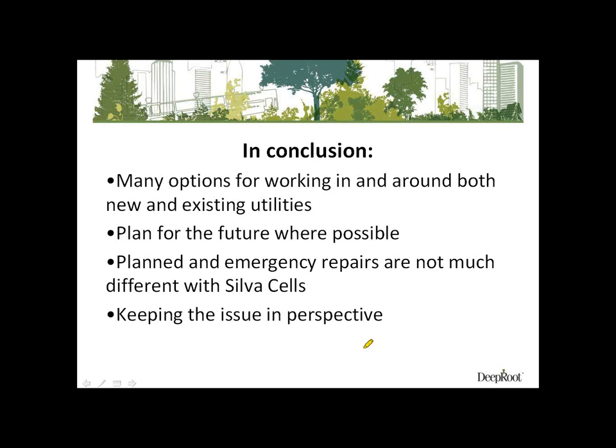Another detail that some of the contractors use when they're using the larger rock is they will bring a load of mason sand, washed concrete sand, or buckshot, real small pea rock, and spread just a very thin, like a setting bed layer over the top to help level out underneath the Silva cells.